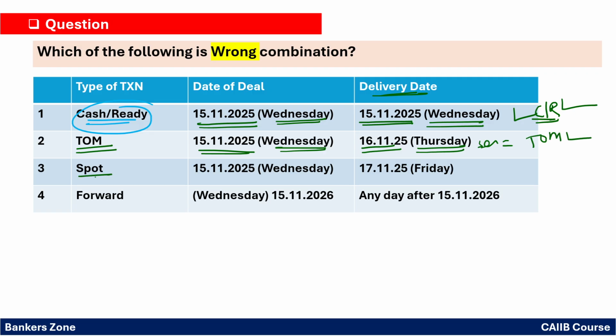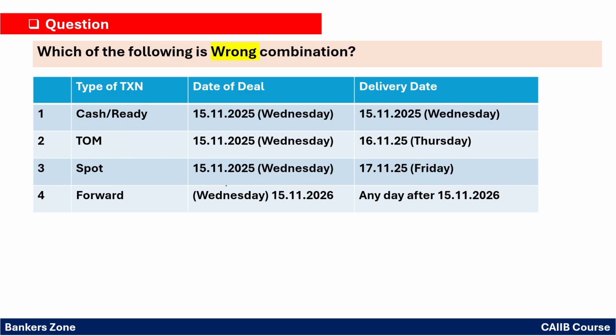Next is the spot basis. What does spot mean? The day after tomorrow, right? The second working day. So 15th of November, Wednesday, is the date of deal, and the 17th of November, Friday, is the delivery date. Wednesday, Thursday, one day passes, and the day after tomorrow is Friday, right? So it is also correct. Now next, in the case of forward, what have they given? The date of deal is again the same, 15th of November 2026, a Wednesday again.